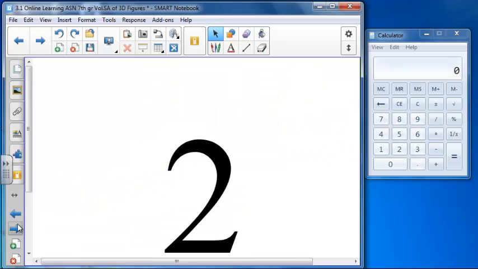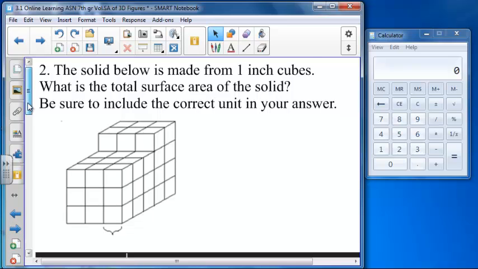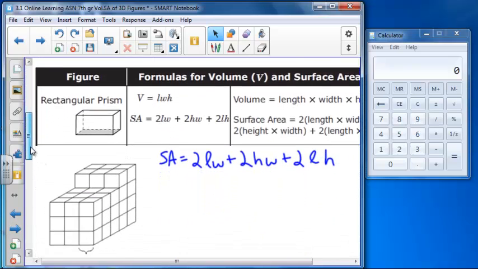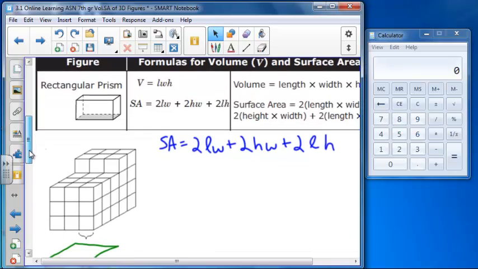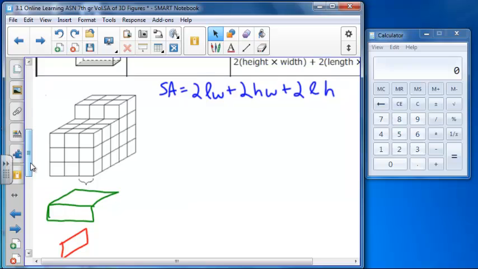Question number 2. We're going to find surface area, but notice there is a 1/3 section missing in this rectangular prism. The surface area formula is 2 times the length times the width plus 2 times the height times the width plus 2 times the length times the height.